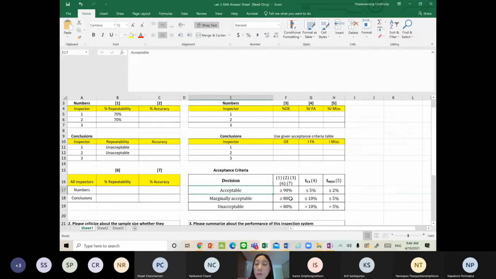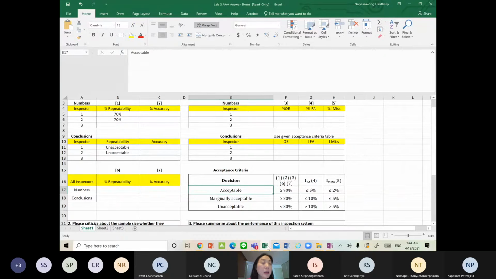Some companies allow more error, so they will use 80%: less than 80% is not acceptable, but if it's at least 80%, they will accept. So it depends whether they use 80 or 90%.